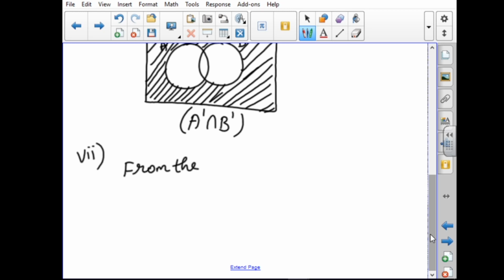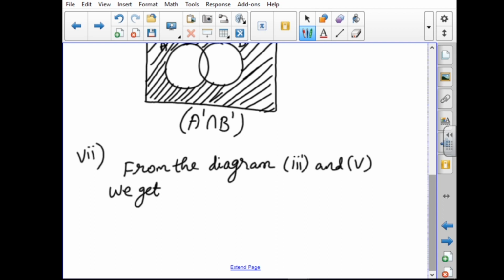So from the diagram of the third and fifth, we get the result: A intersection B whole dash is equal to A dash union B dash.